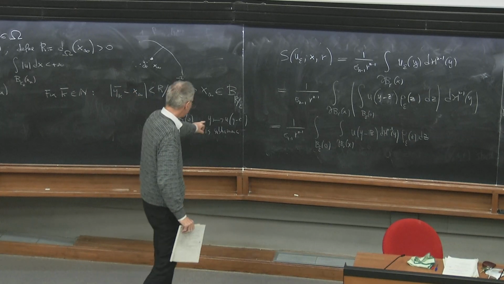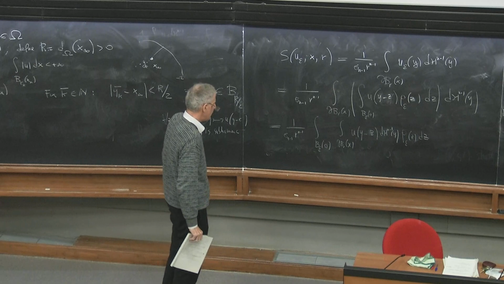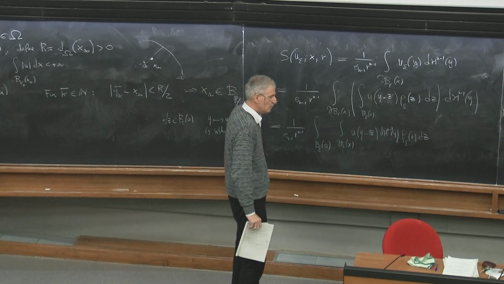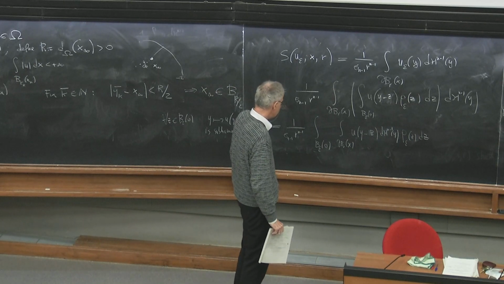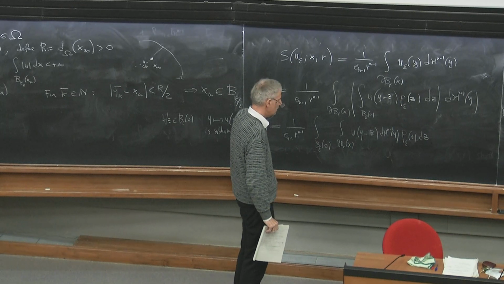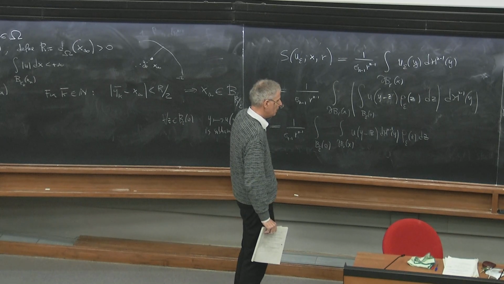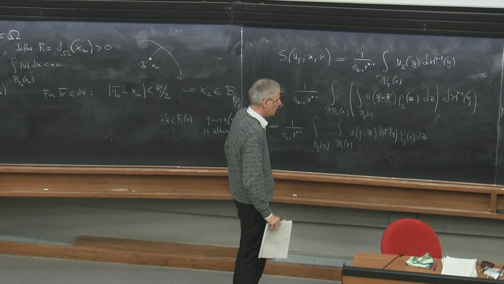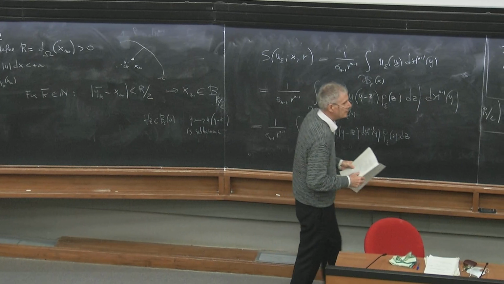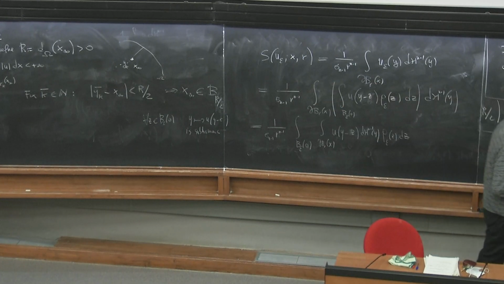Since this is still subharmonic, the inequality holds. After that, the mollifier has integral equal to 1, so we estimate inside that integral. So at the end, what do you get?